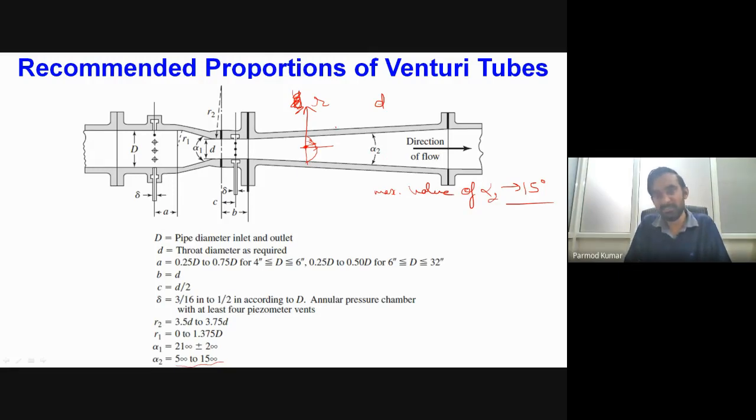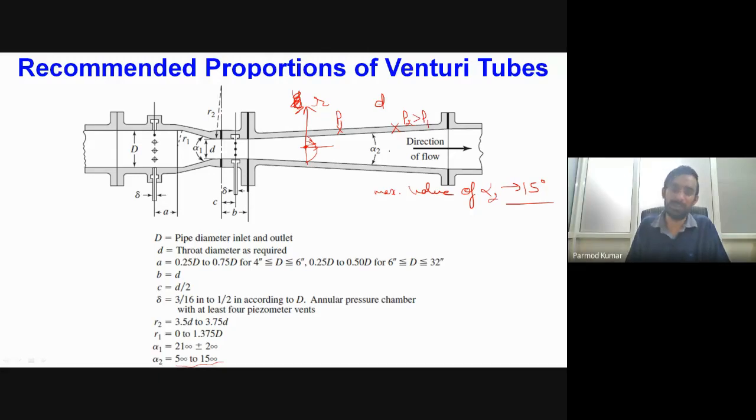If I take any two points, say P1 is the pressure at this point and P2 is the pressure at this point, then when moving from location 1 to location 2 the cross section gradually increases, so pressure at P2 will be greater than pressure at P1.